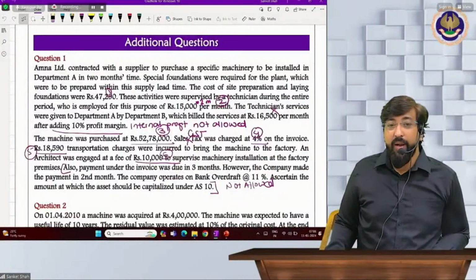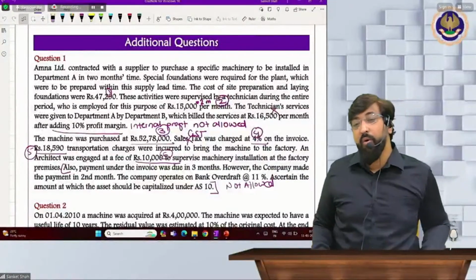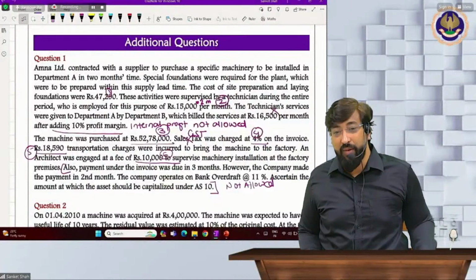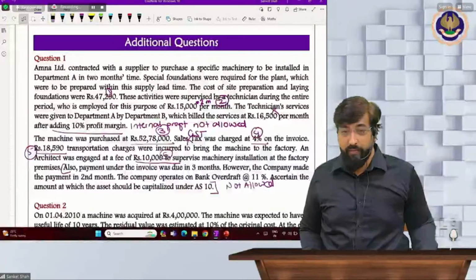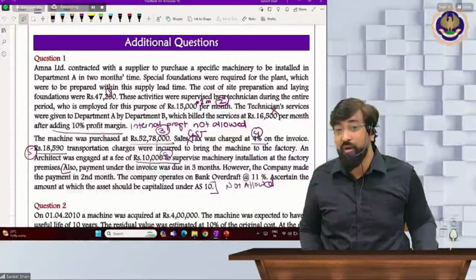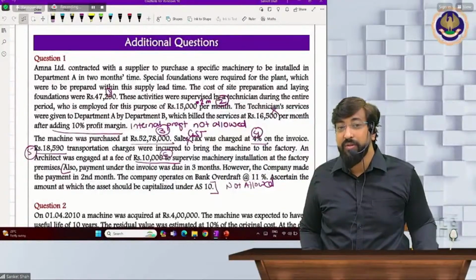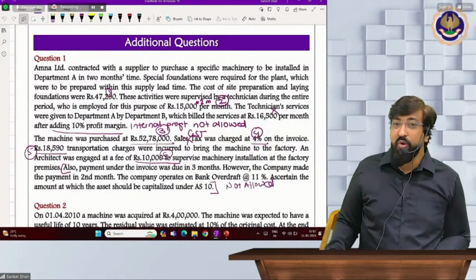The invoice payment was due in 3 months. However, the company made the payment in the second month and charged bank overdraft at the rate of 11%. Now friends, interest is not capitalized because Accounting Standard 16 is not applicable here, as this is not a qualifying asset.